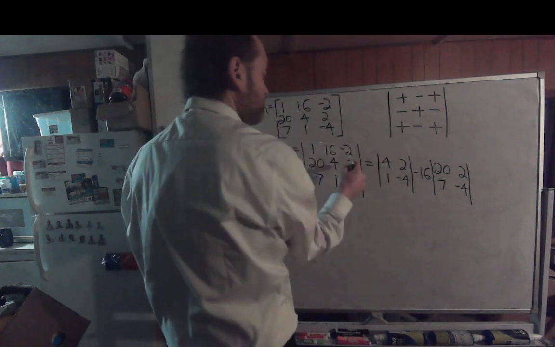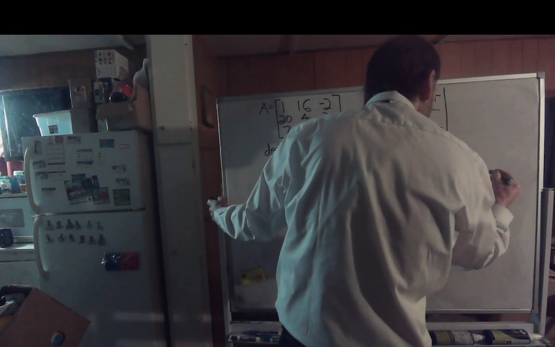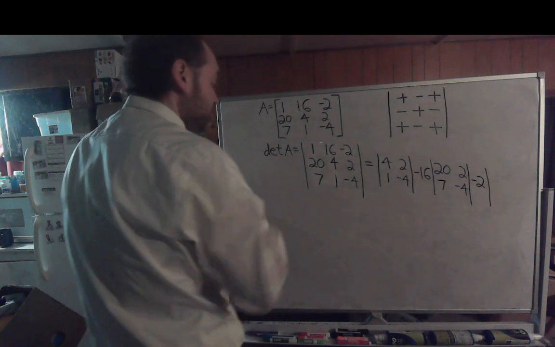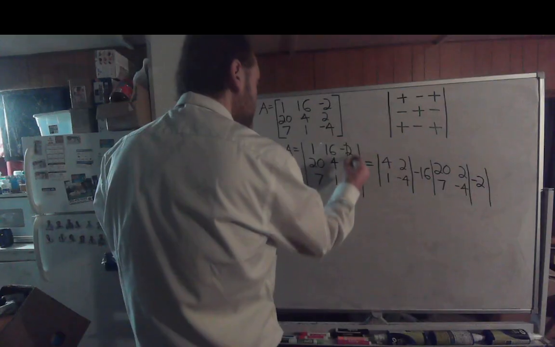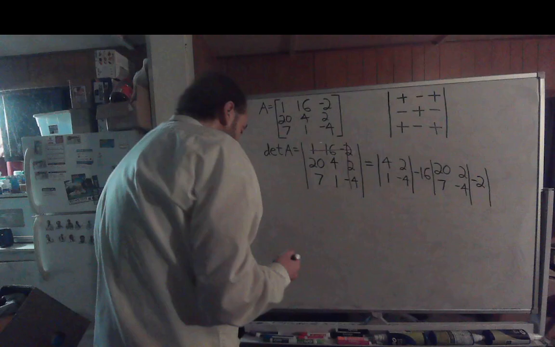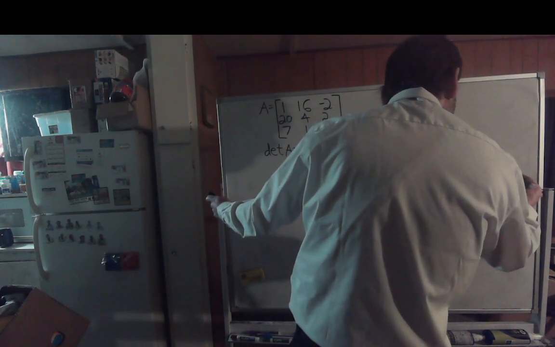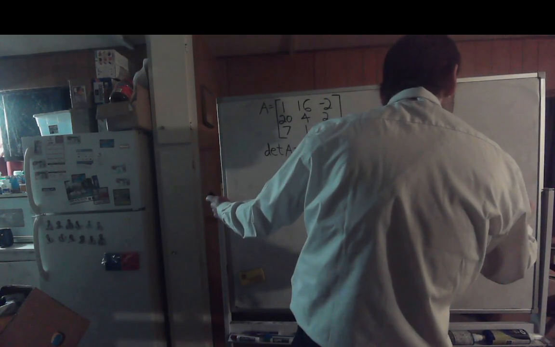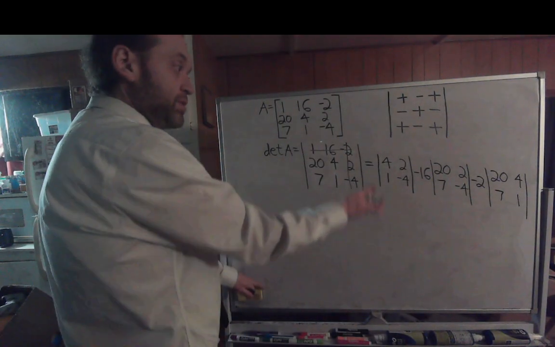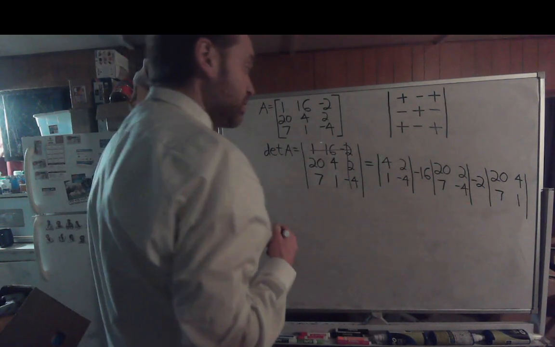So I'm going to take positive negative 2, which would still keep it negative 2, times the determinant of whatever's left over. So strike out the column and row that negative 2 occurs in. Now it's times the determinant of whatever's left. So it'll be 24, 7, and 1. All right, so now we have our 3 2x2 determinants to work with.